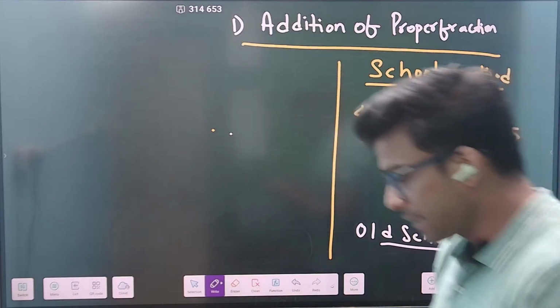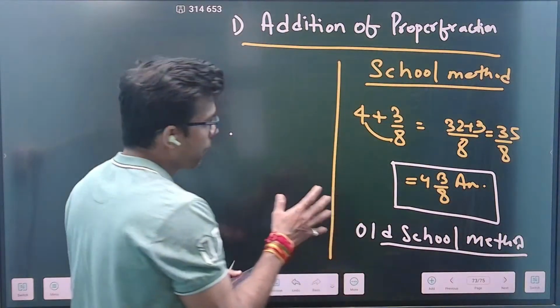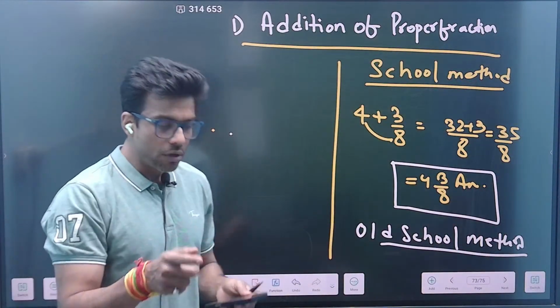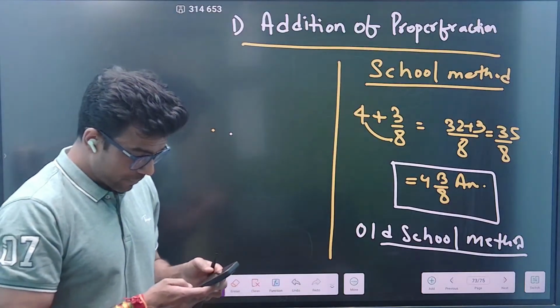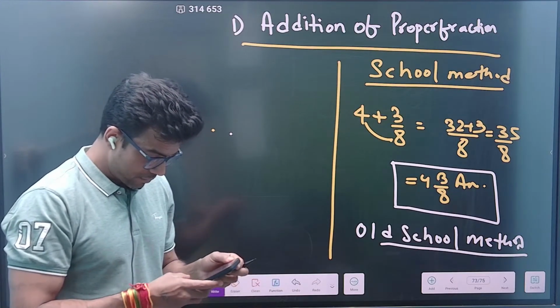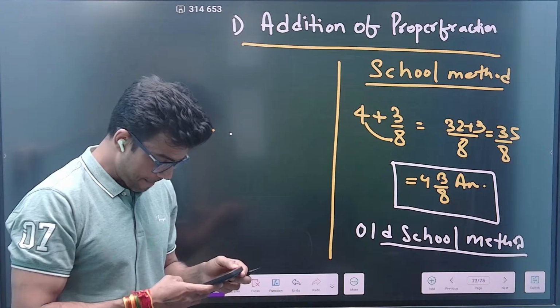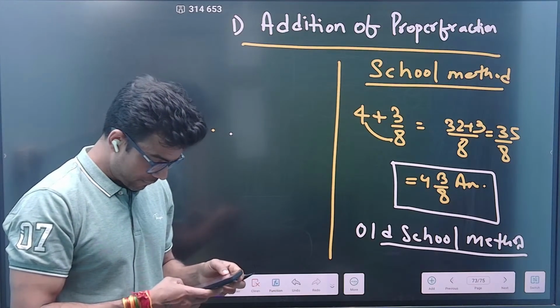In this way only we did the problems in school time, and now also we are doing the same. Let me just wait. I think a lot of students should join me. There they are. Just wait, guys, for a few minutes.